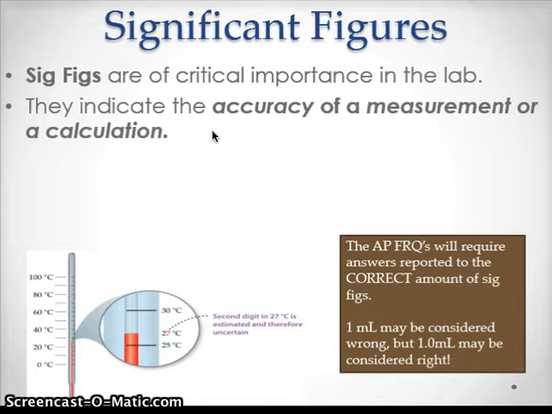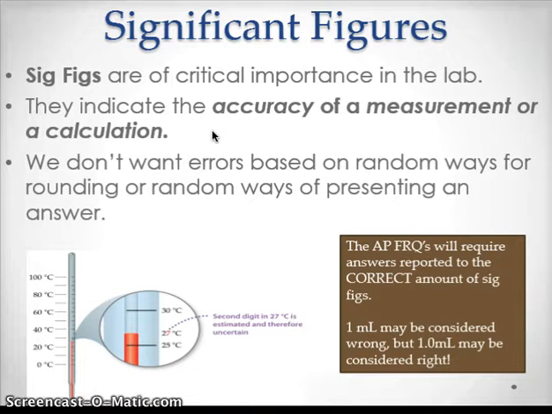Whenever you make calculations, you have to round things correctly. Because if you round things like crazy, whatever way you want, you're not going to get a very accurate answer at the very end, especially when a calculation involves multiple steps. So that is why we have something called significant figures. We don't want errors based on random ways of rounding or random ways of presenting an answer.